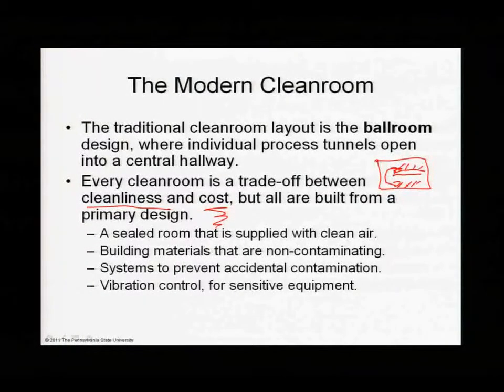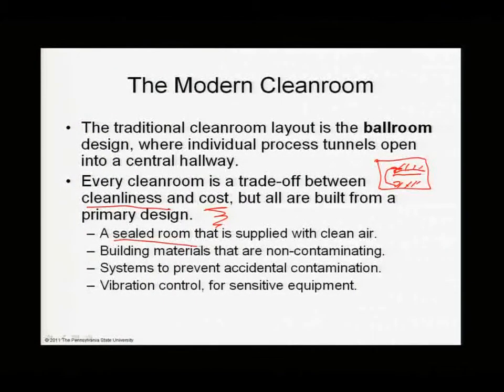But they all have a basic design: a sealed room that has very careful control of the air, and the air is cleaned through HEPA filters. It's built out of materials that are non-contaminating, so a great deal of thought goes into the materials. Generally, the materials are designed to protect from electrostatic discharge, which we briefly mentioned in Lecture 1.